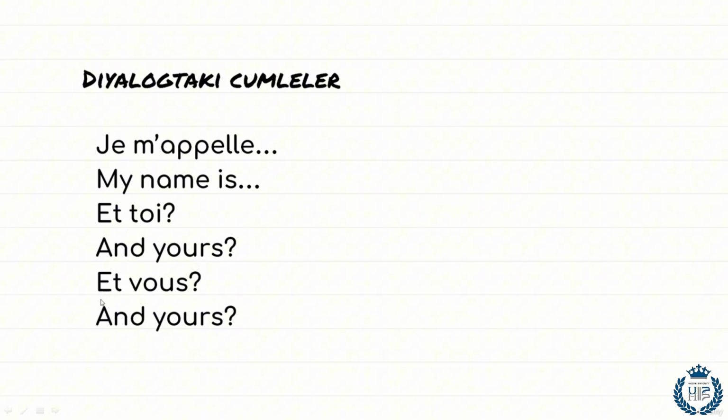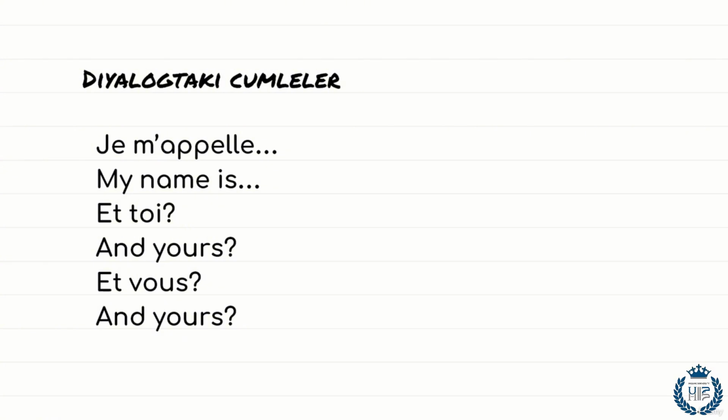Et means and, vous means yours. So what is the difference between toi and vous? Toi is the informal way of saying you. In a lot of languages there is an informal you and a formal you.